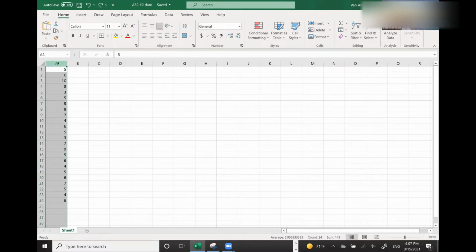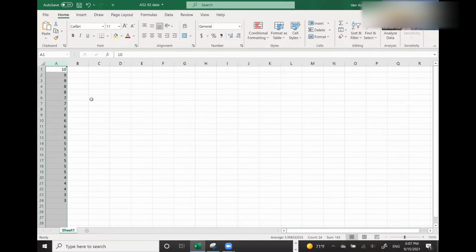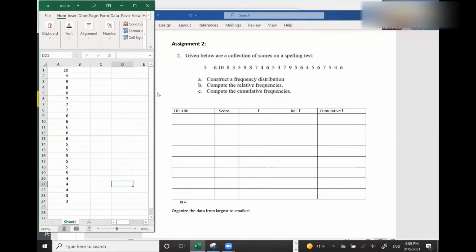Click on the letter A here, and then go to sort, and then largest to smallest. And there you can see that the numbers are already listed from largest to smallest, okay? When they are in order, it's easier to put them in the intervals. Otherwise, it would take a long time for you to organize them.